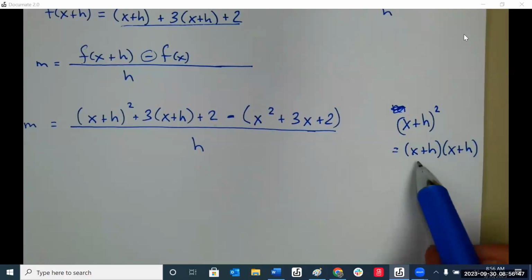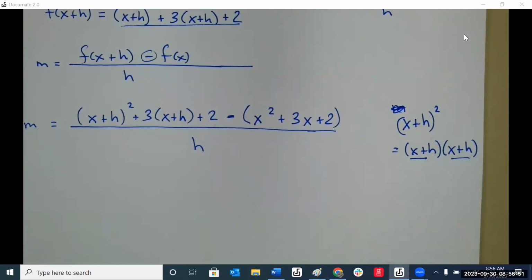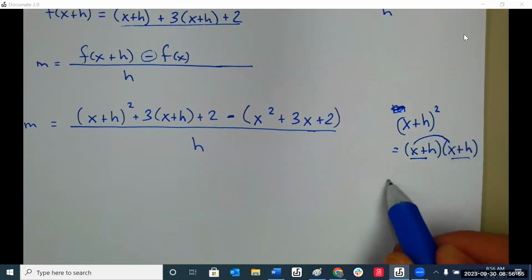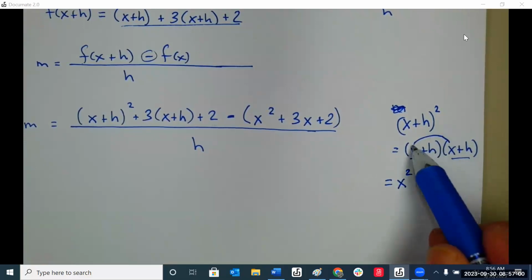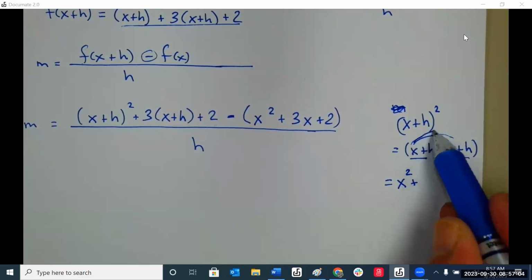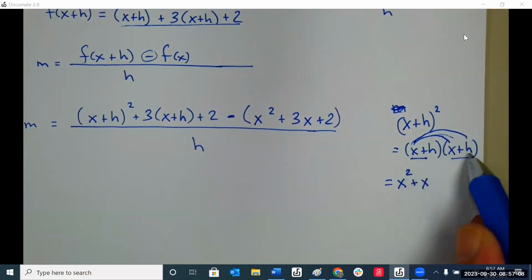So what this means is everything in the first parenthesis has to multiply everything in the second parenthesis. I'll start with the first. x times x is x squared. Very good. Positive times positive is positive. x times h is xh.